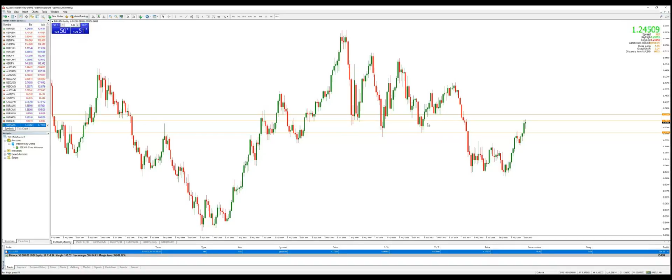We can see that this level hasn't been visited since 2012 and then back in 2014. So I'm not sold on the idea of Euro USD being bullish yet, although maybe I should start considering otherwise.